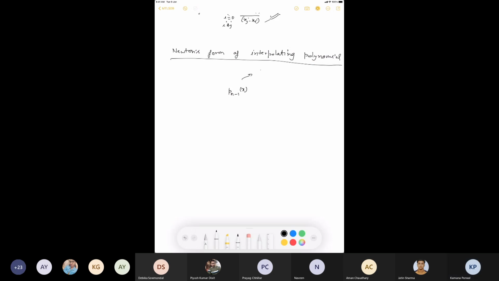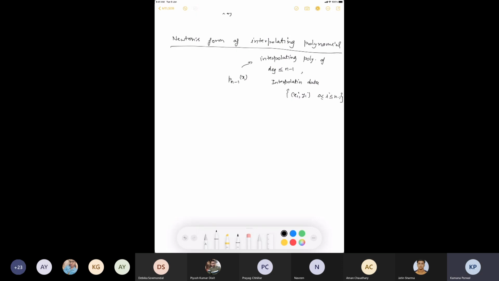That is, this is an interpolating polynomial of degree less than or equal to n minus 1, and the interpolation data is x_i, y_i, i ranging from 0 to n minus 1. I want to use this to construct a polynomial of one degree higher, say P_n(x).